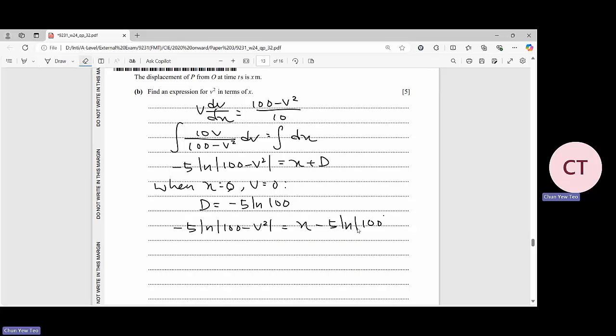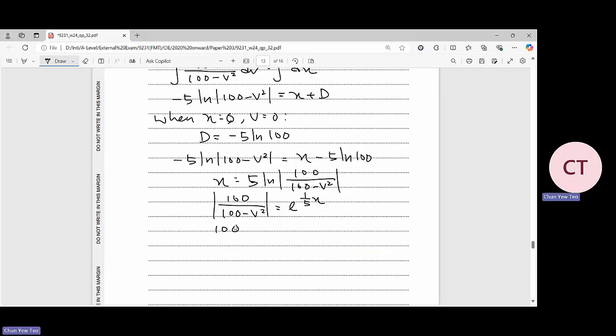The 100 is already positive, no need to put modulus. So join together, your x will be equal to 5 ln of 100 divided by (100 - v squared). So 100 divided by (100 - v squared) is equal to e to the power of (1/5)x.